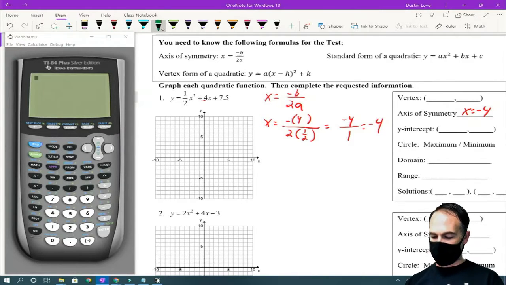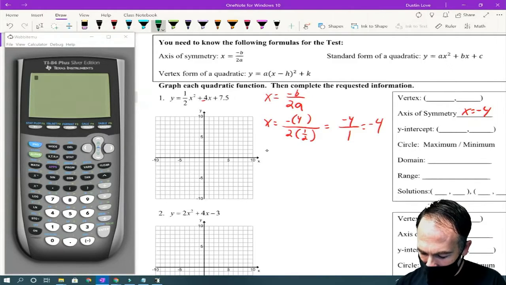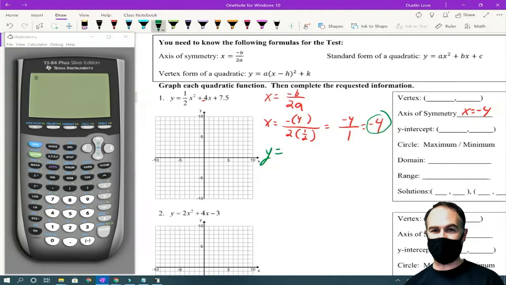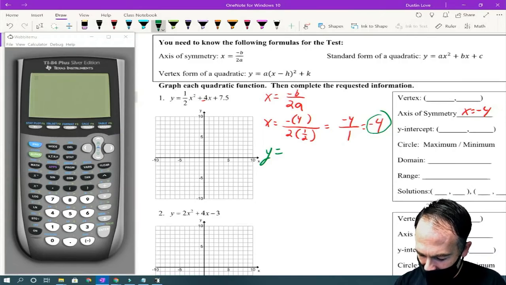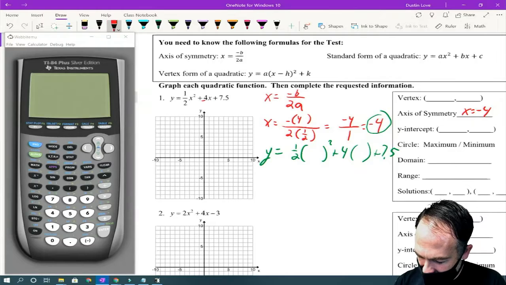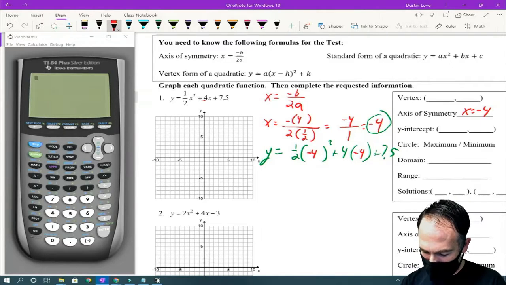Okay, now our vertex. We go ahead and find the y value, but we're going to plug in the axis of symmetry for the x value. So we got y equals 1/2 x squared plus 4x plus 7.5. And we're going to put in negative 4 for both of those.